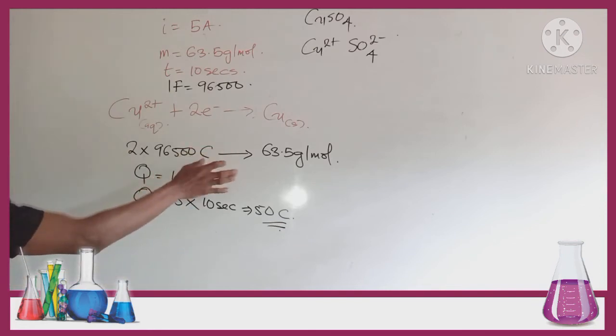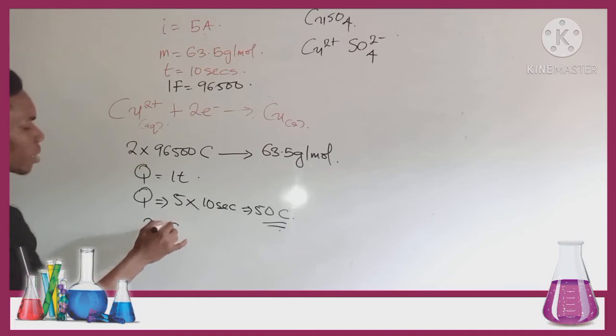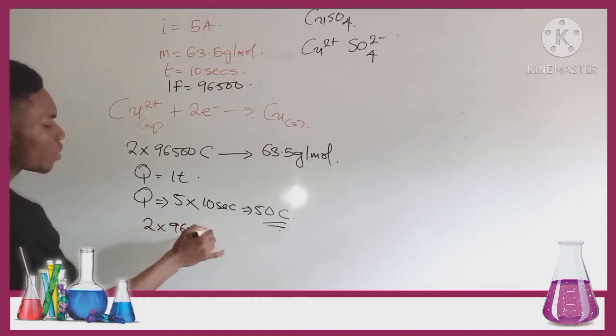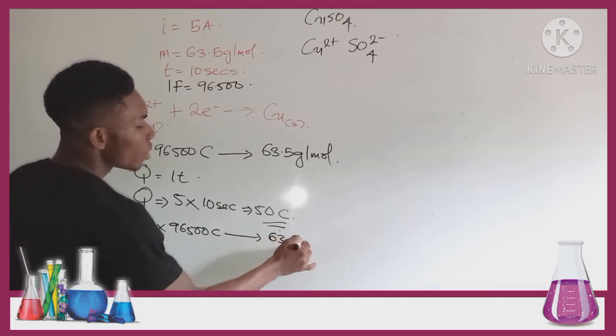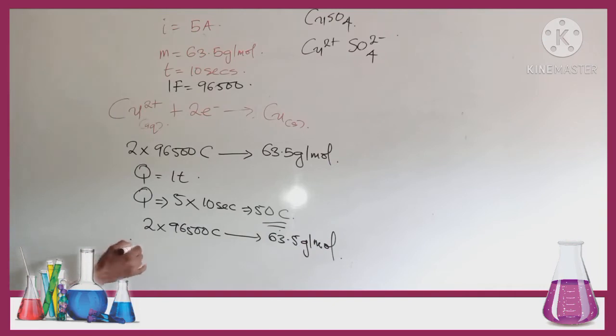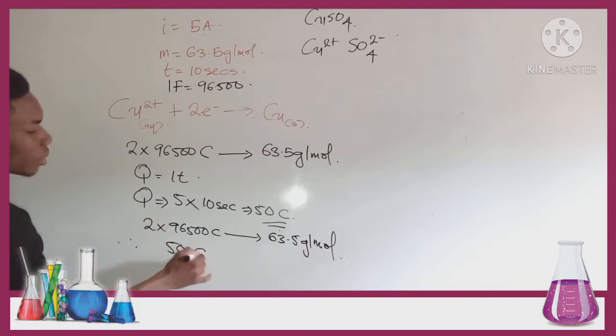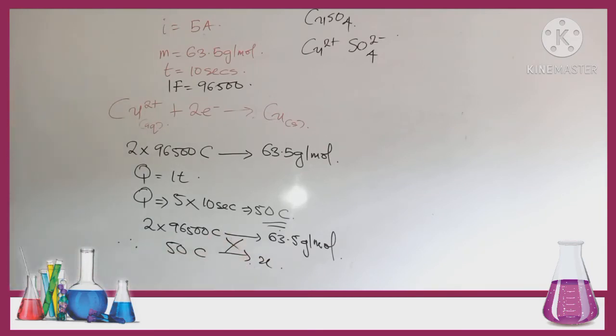Now, relating it with the original or the theoretical, you have 2 times 96500 coulomb gave us 63.5 gram per mole. Therefore, 50 coulomb will be equal to x. What do we do? You cross multiply.